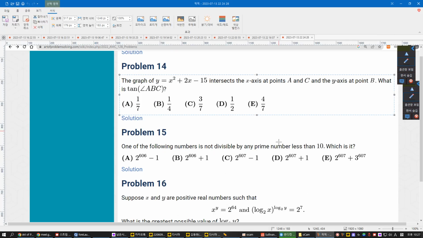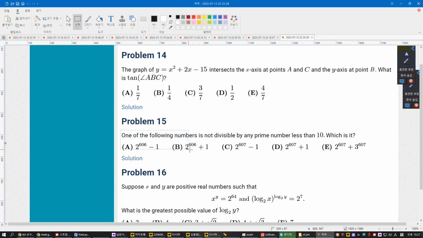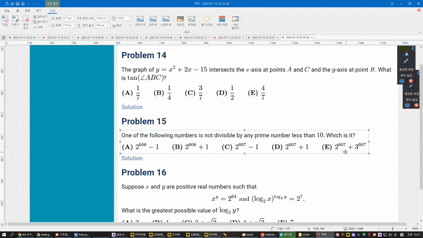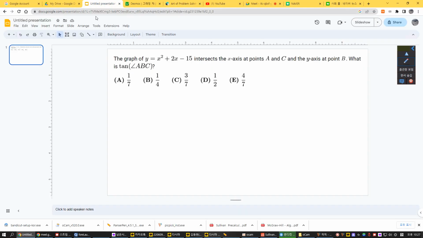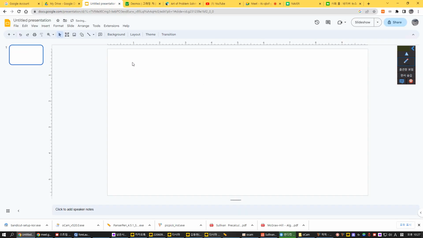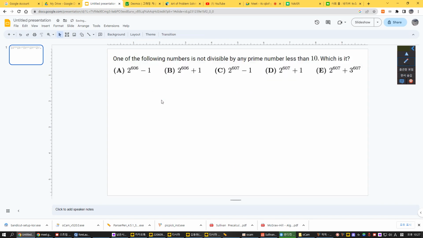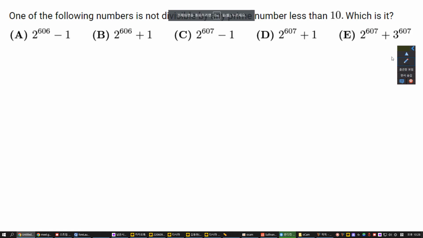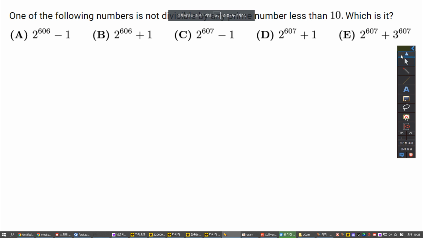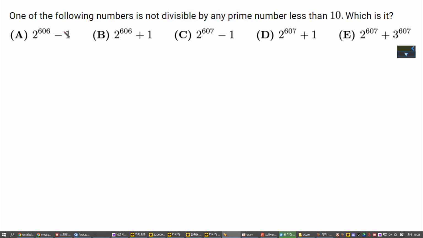For 15, let's just start with choice A. The number in choice A is not a multiple of 2 because it's an odd number.